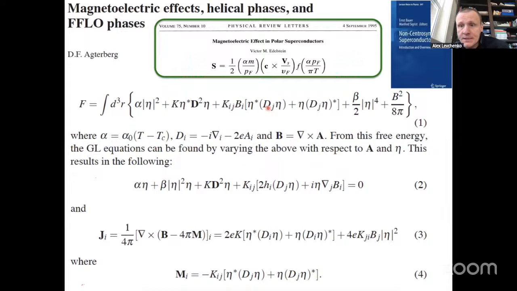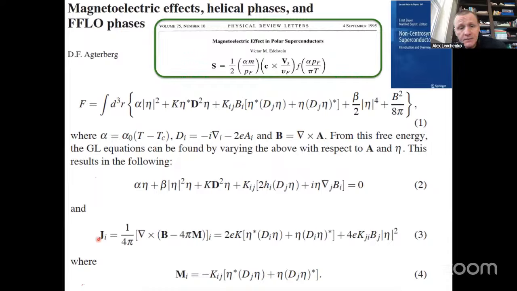So Daniel proceeds in textbook order. He takes the variation of this free energy with respect to the order parameter. It gives you the first GL equation, and this is the equation in the box. And this equation naturally acquires a new contribution due to the Lifshitz invariant terms. Then taking the variational derivative with respect to the vector potential gives you the current.